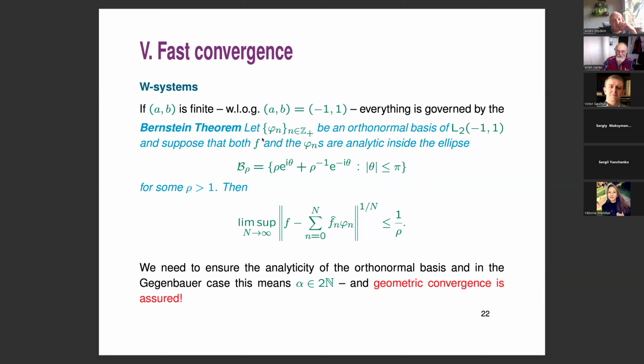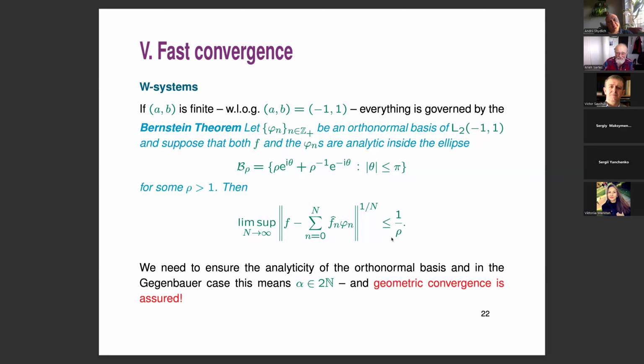So, according to the Bernstein theorem, if phi n is an orthonormal basis of L2[-1, 1], and both f and all the phi n's are analytic inside this ellipse, where rho is greater than 1, so this ellipse enclosing the interval [-1, 1], in that case, the lim sup, as n tends to infinity, of the nth root of the norm of f minus the truncated expansion is less than or equal to 1 over rho.